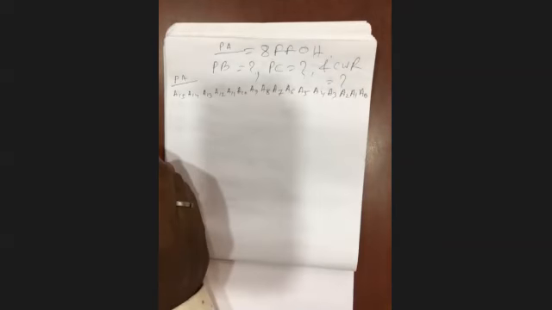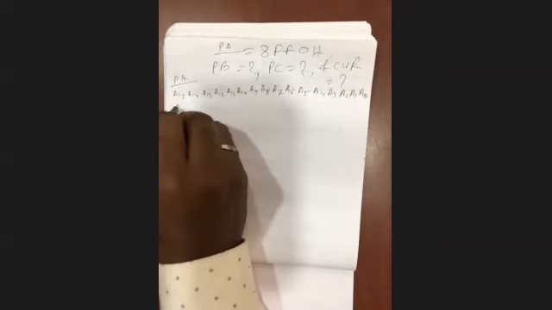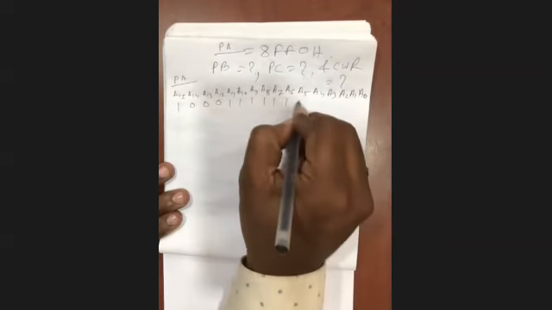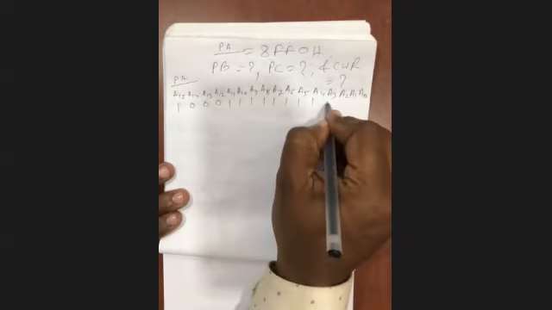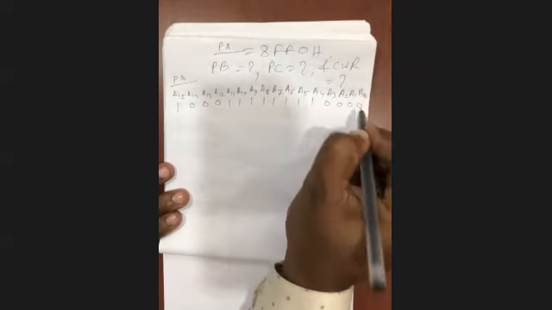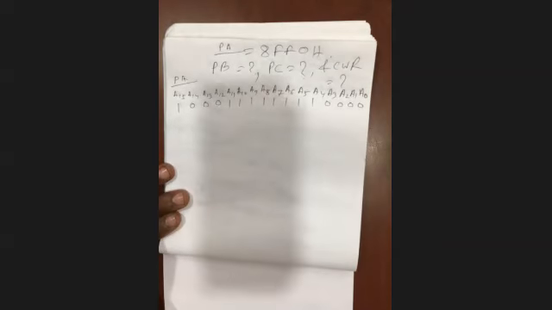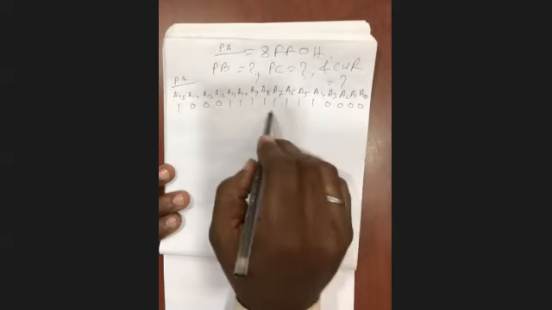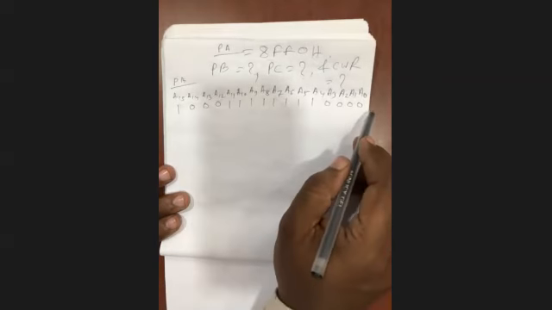Okay. 8FF0 means 1, 0, 0, 0, 1, 1, 1, 1, 1, 1, 1, 1, 0, 0, 0, 0. Am I right? This is 8. 4, 1 means F. Last 0, 0, 0, 0.